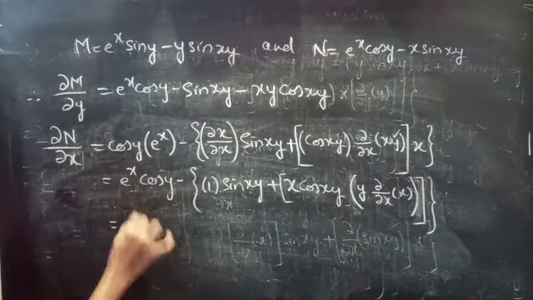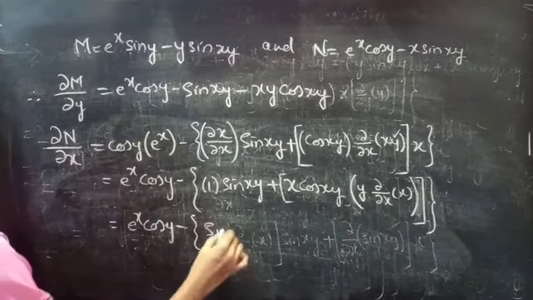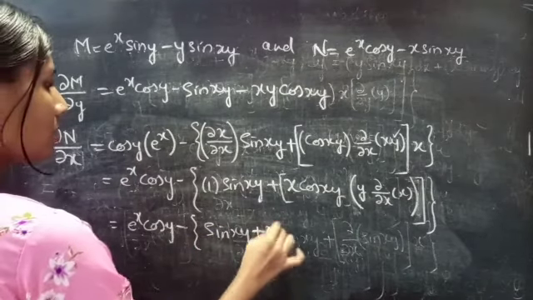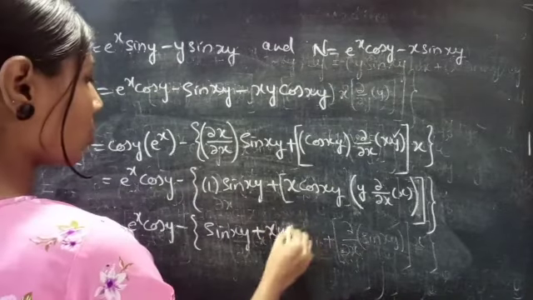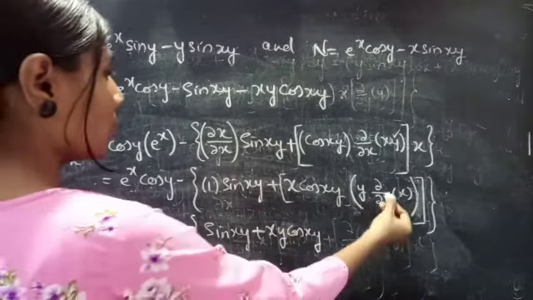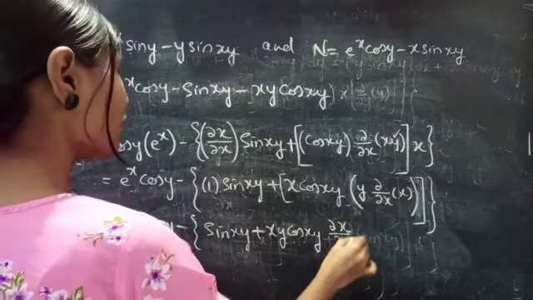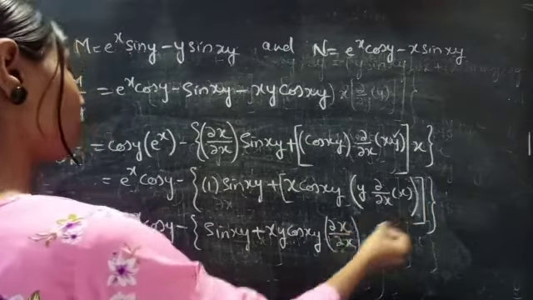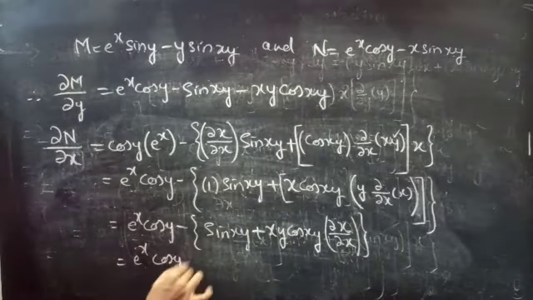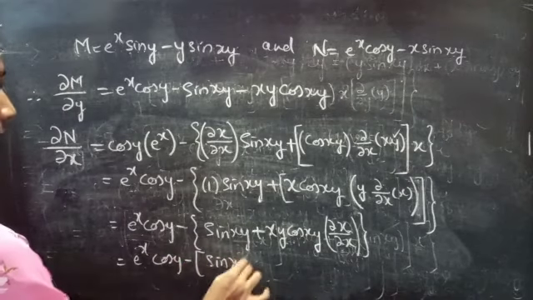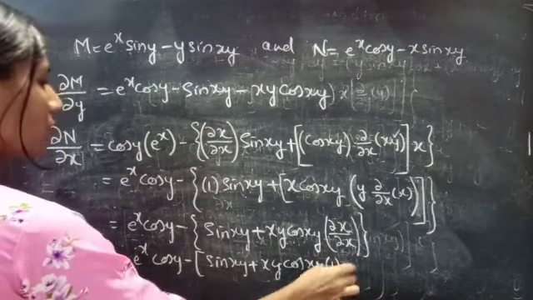Is equal to e^x cos y minus of 1 into sin xy, which is sin xy, plus x into y, that is xy cos xy, into ∂/∂x of x, which can be written as ∂x/∂x, the derivative of x with respect to x. Here you can write 1 simply. This equals e^x cos y minus of sin xy plus xy cos xy into the derivative of x with respect to x, which is 1.